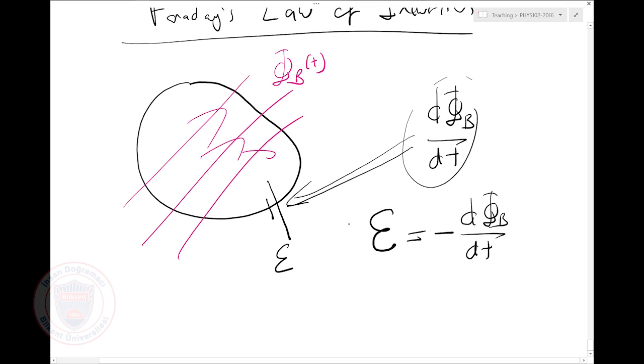Okay. So that is Faraday's law of induction. All right? d phi b dt, the change in flux with time, acts like a battery tied to my loop. Right? Which way the battery faces is determined by Lenz's law, and that's pretty much it.